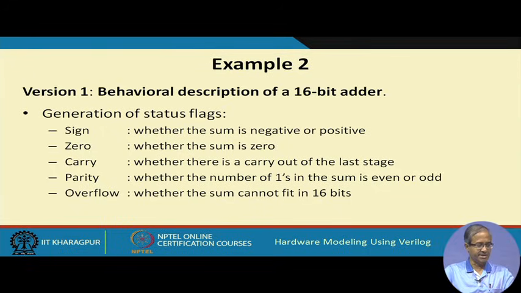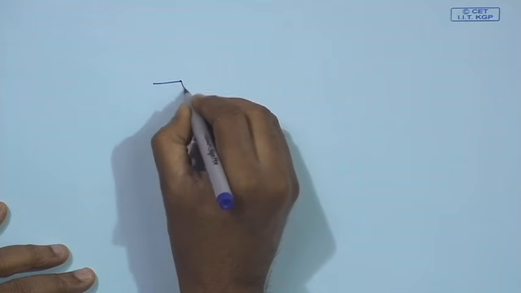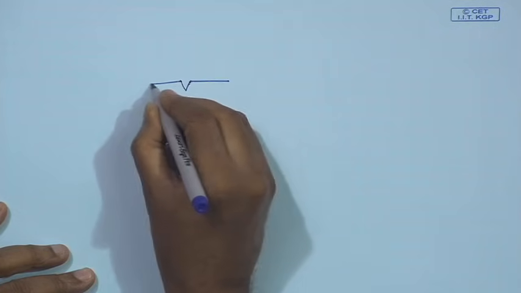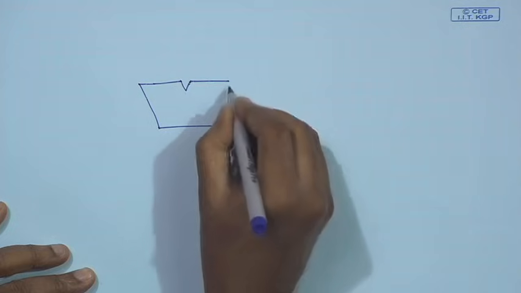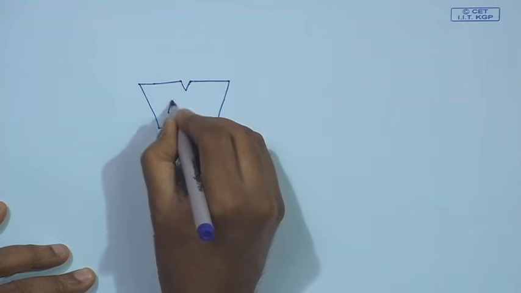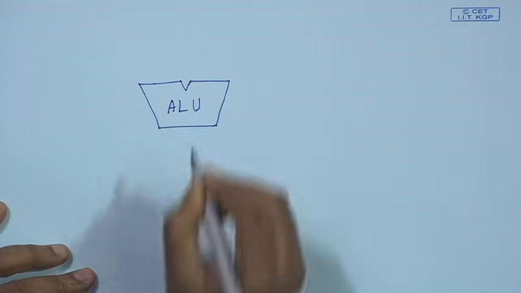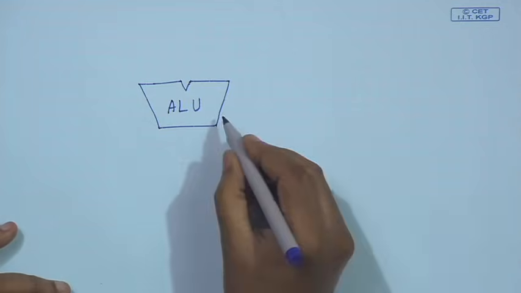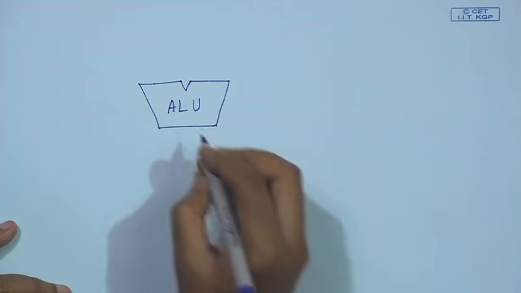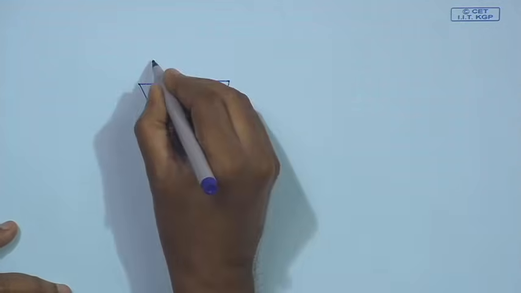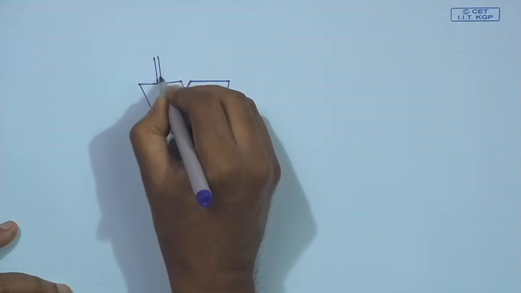Now, let us see what we are trying to do here. This adder is just symbolic, an example we have taken. In general this is an arithmetic and logic unit, but in the code that I will show we will only talk about addition. So, what does the ALU do?